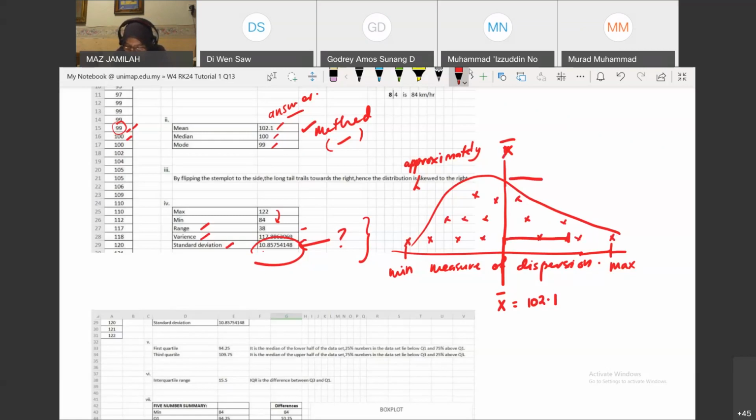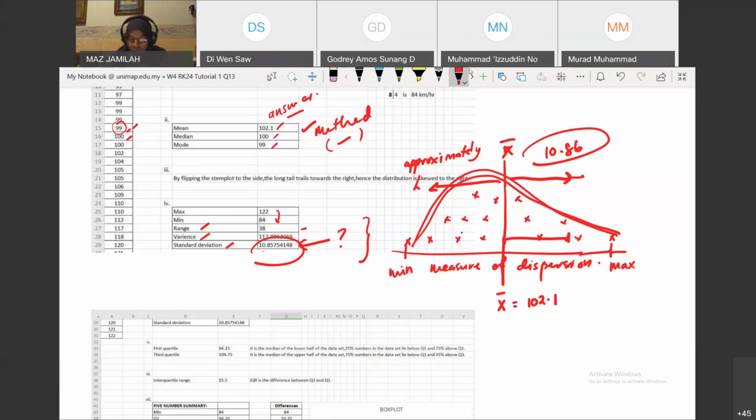So how does it spread from the center to the left and to the right? Standard means that regardless of what data you have inside, it will describe the distribution.